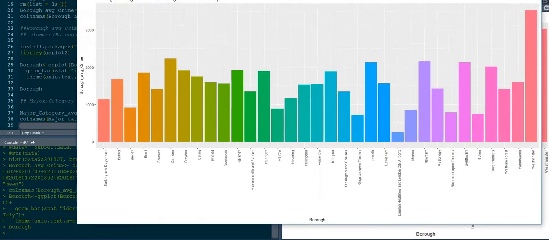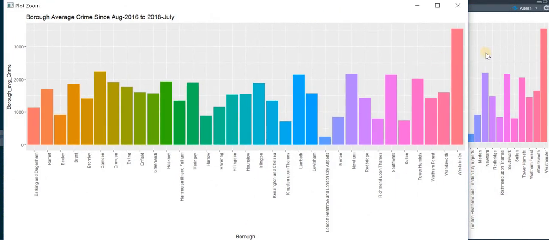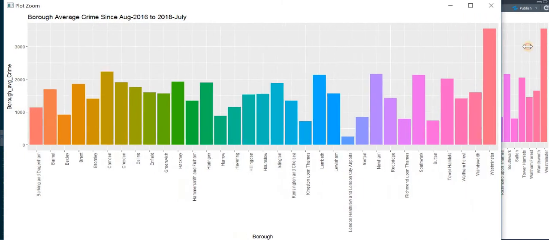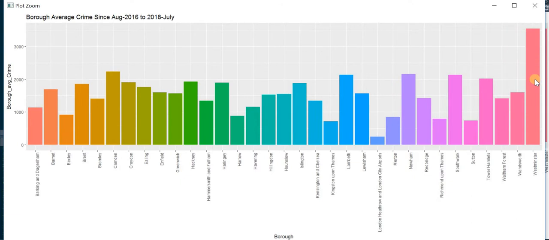As the bar graph suggests, I'm quite surprised to see that Westminster stands out, and my borough is here, Barking and Dagenham.